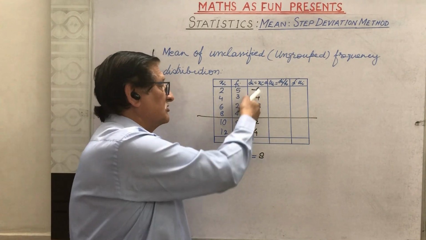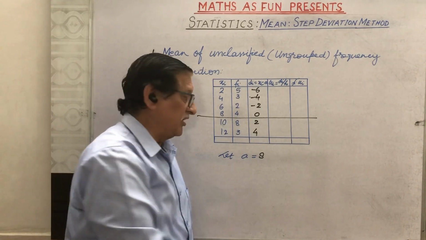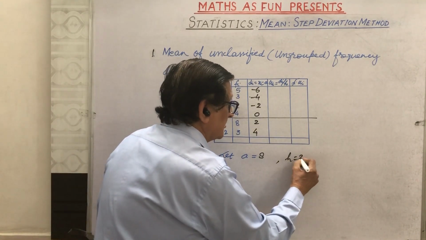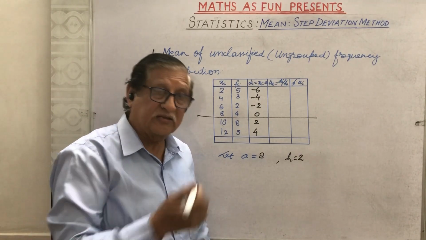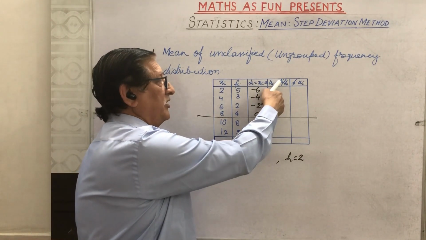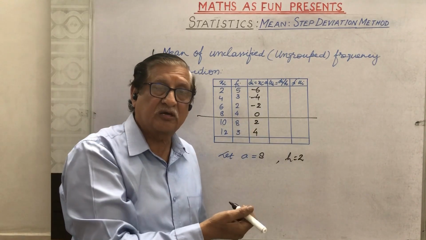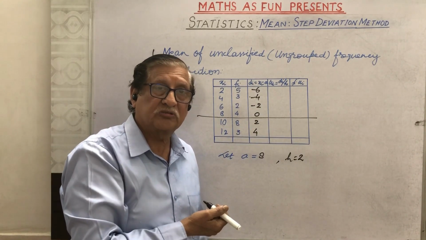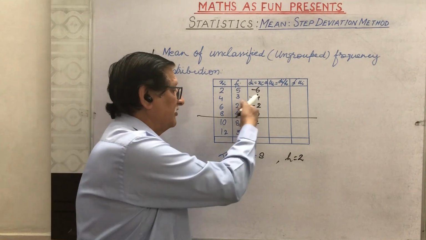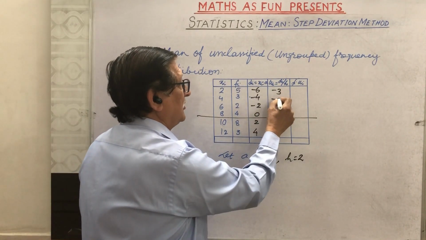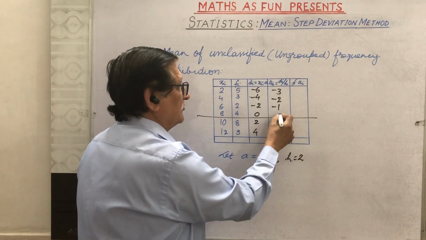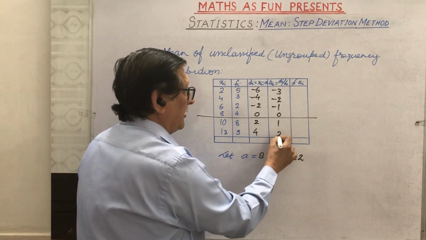We know the HCF of these numbers is 2. So we can consider h to be 2. And then we have to find ui. Ui is di upon h, or we say xi minus a upon h. When we divide each number by 2, we get minus 3, minus 2, minus 1, 0, 1 and 2.